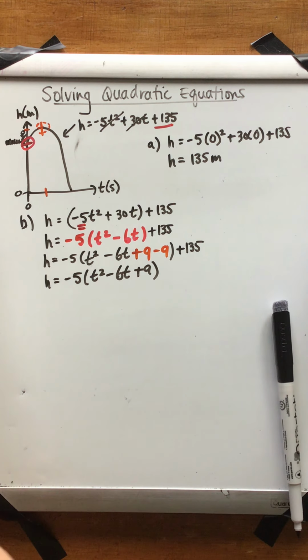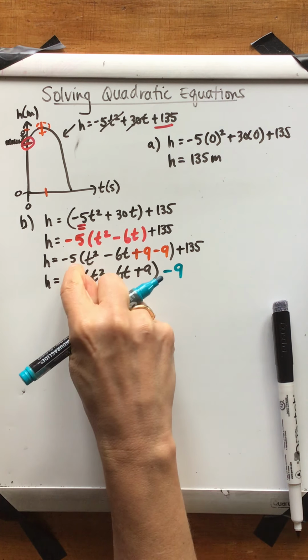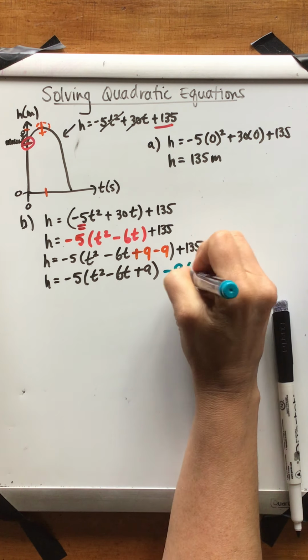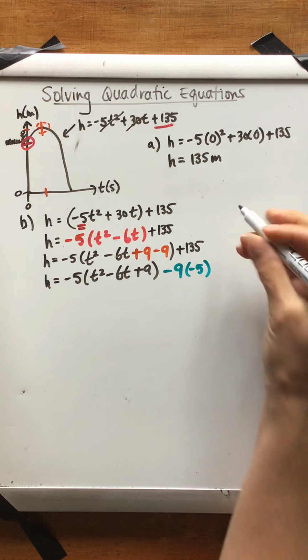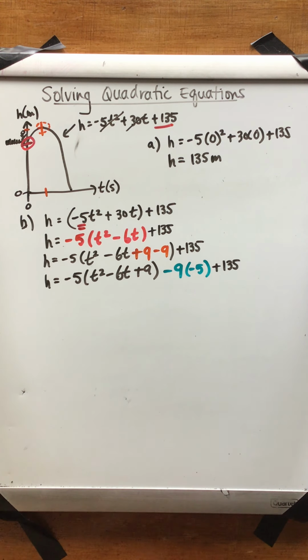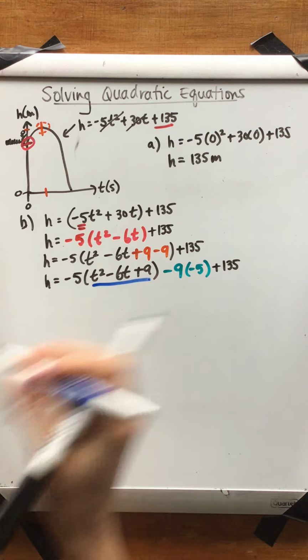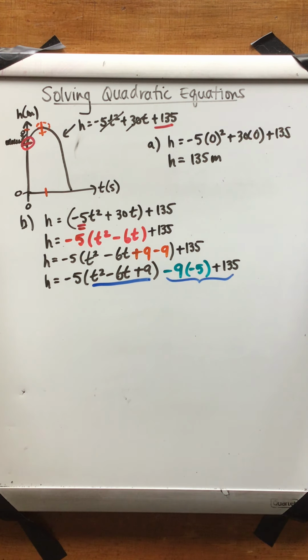So I'm going to take that negative 9 out, but I have to remember that while it was inside the brackets, it was being multiplied by a, so it still needs to be multiplied by a in order for me to maintain the equality within this equation. Final step is to factor that perfect square trinomial and to collect all the like terms out here.